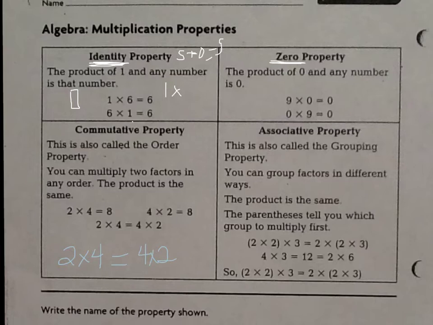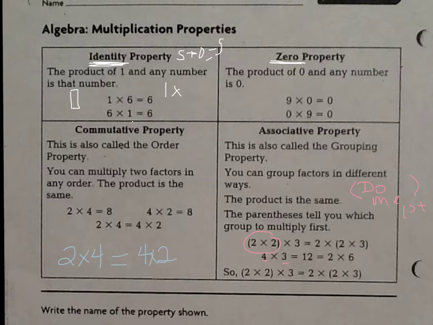Associative property. Associative property is the grouping property, right? It means who do you hang out with? Who are you grouped with? Remember, what do parentheses first say? Parentheses say, do me first. So if you look right here, it says 2 times (2 times 3) equals (2 times 2) times 3. So the first thing you would do here is you would multiply 2 times 2, get 4, and then you would say 4 times 3 equals 12.